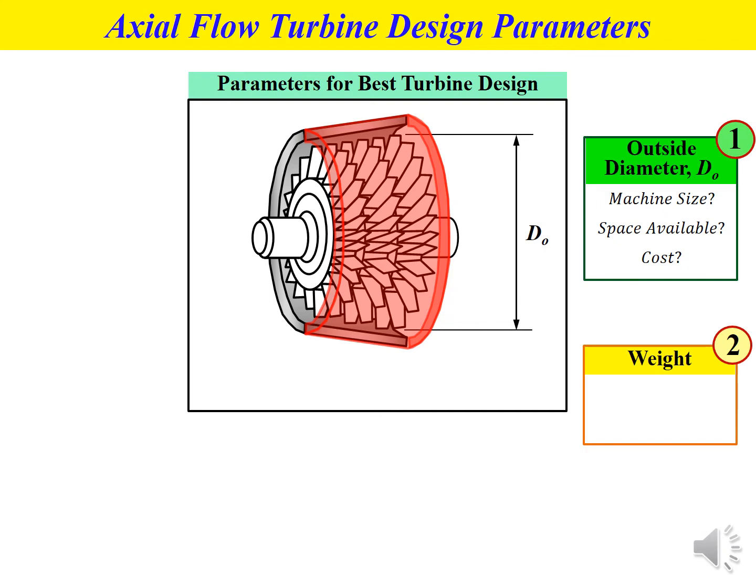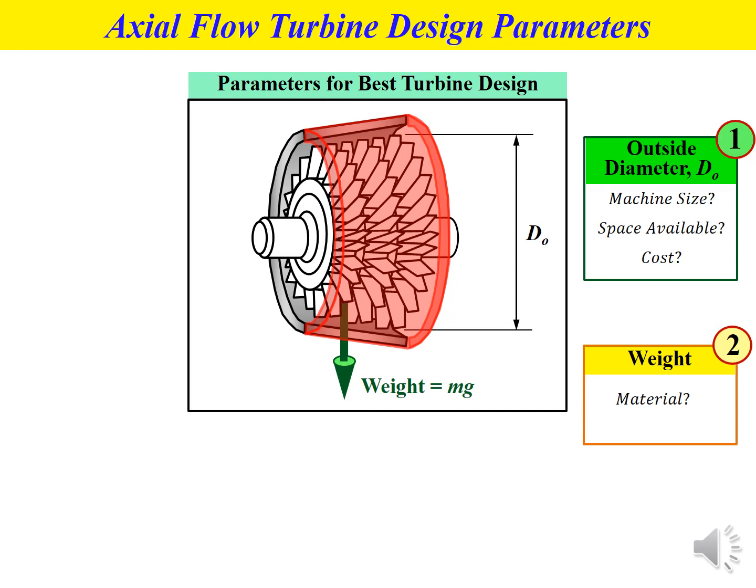Okay, the second parameter is the turbine weight, where the turbine weight is equal to mg, mass multiplied by gravitational value. In terms of weight, we can change the weight of the turbine by using different types of material.